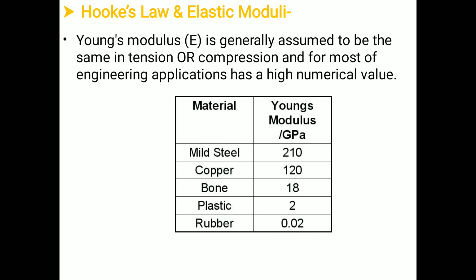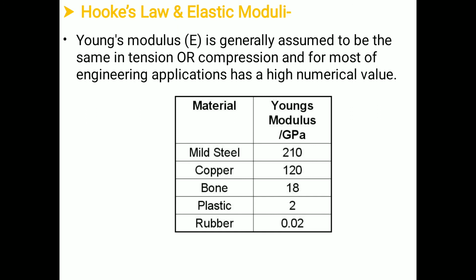Now what is Young's modulus? Young's modulus is generally assumed to be the same in tension or compression. And for most engineering applications, it has a high numerical value. In the given table, some values are given for Young's modulus of elasticity. If I consider the material mild steel, then it has a Young's modulus equal to 210 GPa, gigapascal.